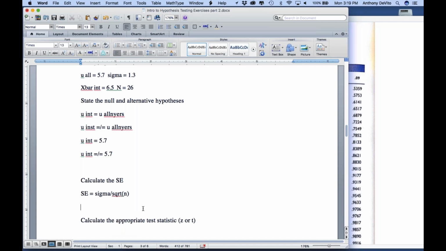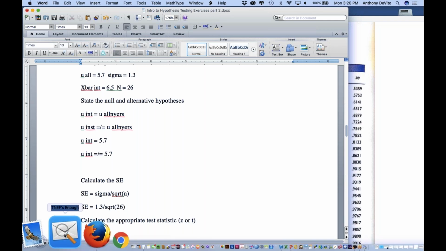Give you a little bit of a hint up there. Okay, so I'm going to go ahead and do this. The standard error is equal to sigma, which was given to us as 1.3, divided by the square root of the sample size. The sample size was 26.